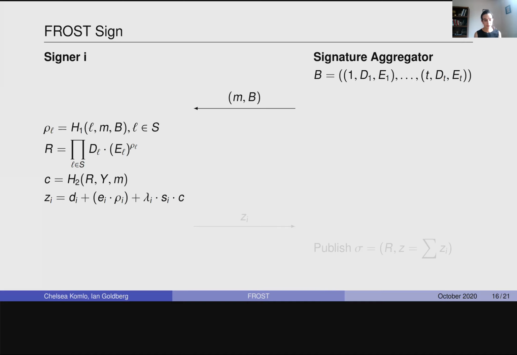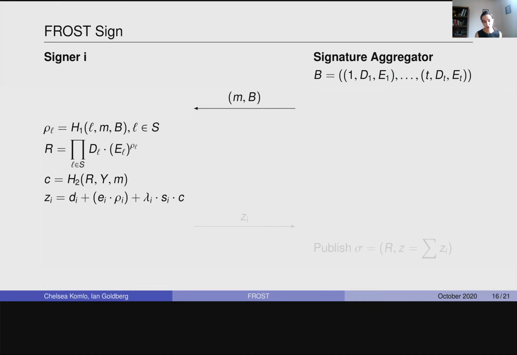You can think about these as hiding and binding factors. So this little e_i binds to this rho term, and this little d_i is the hiding factor. Then their signature part uses their little s_i, their long-lived secret signing share, in combination with the challenge, exactly the same as in single-party Schnorr.